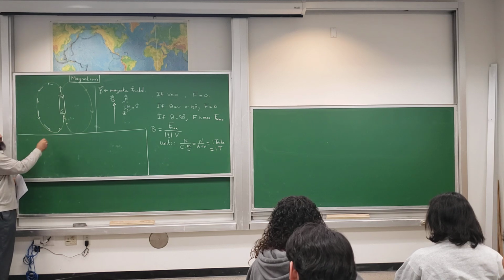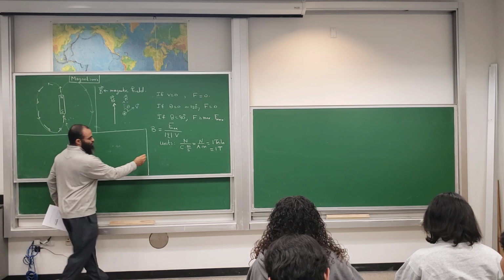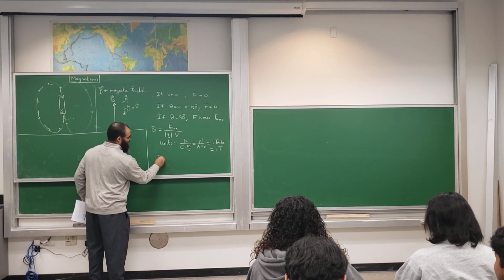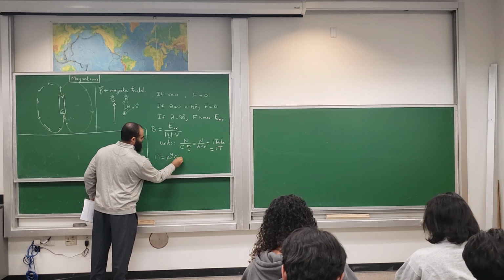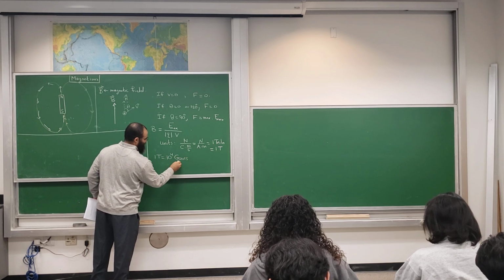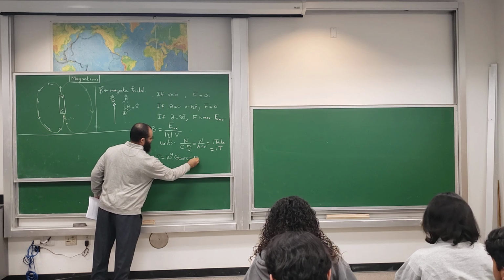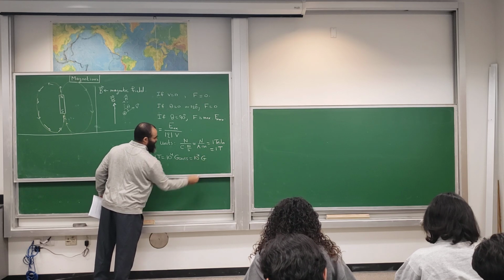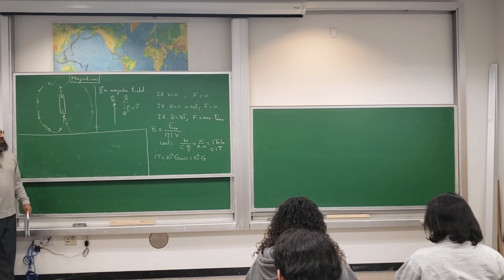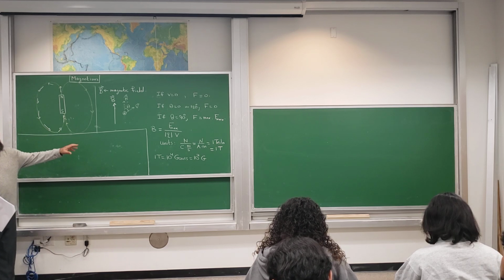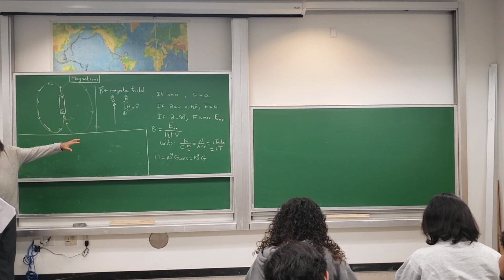So let's talk a little bit more about units. 1 Tesla is equal to 10 to the 4 Gauss. G for Gauss. It's just another unit. The SI unit is the Tesla.